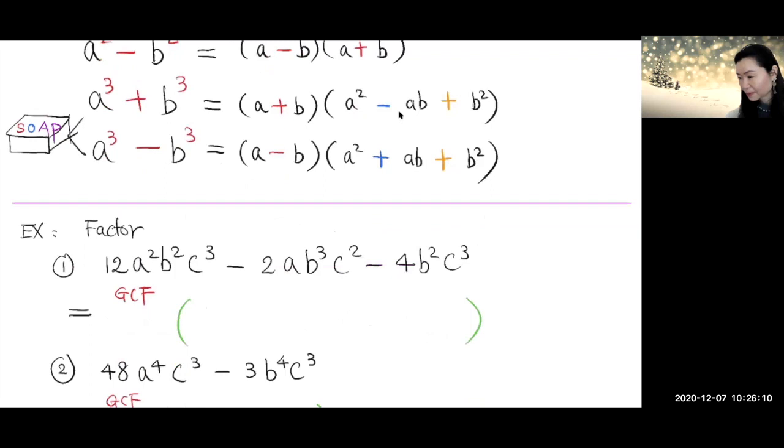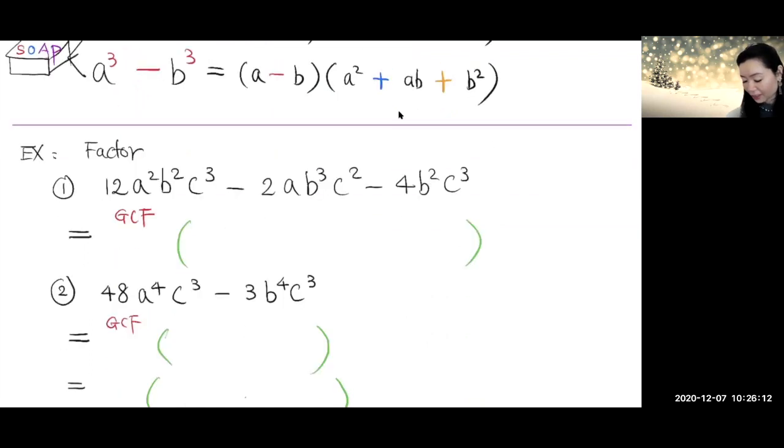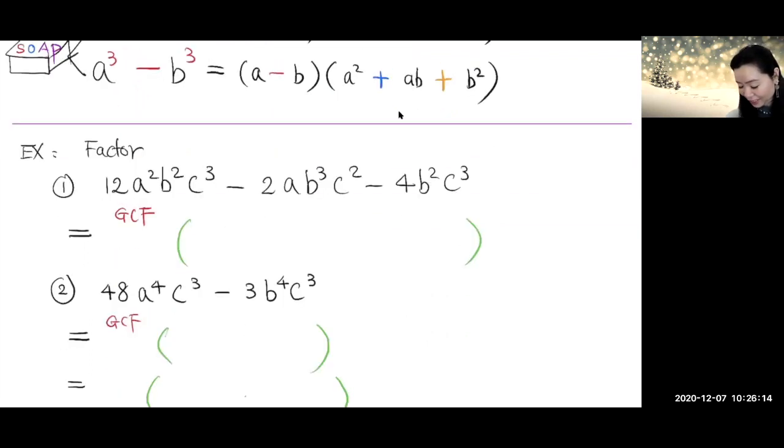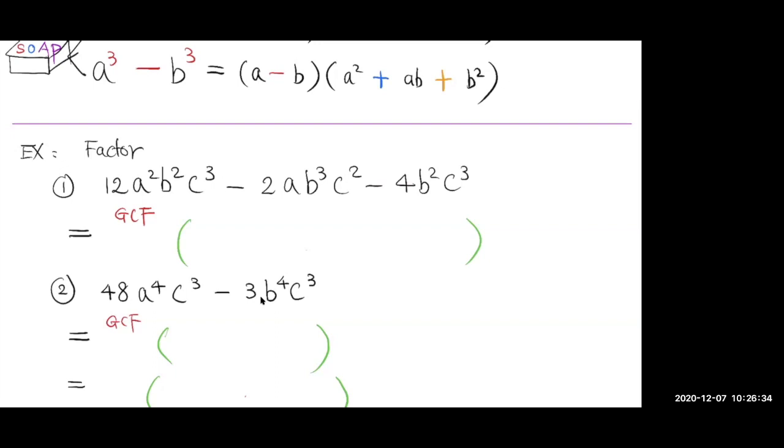Okay, let's practice on this. First we take out the greatest common factor. What's the greatest common factor of these 3? You see the 12, 2, 4, so we have 2.